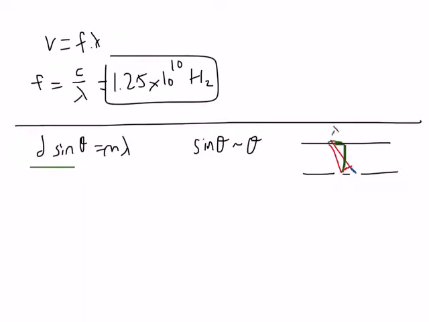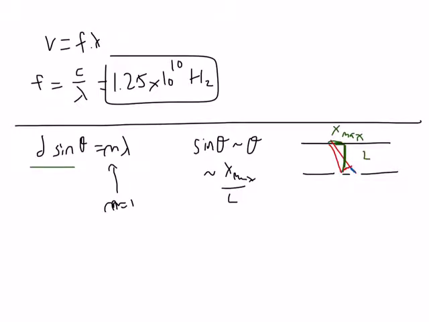This is the location of that maximum point, and then this is L. So sine theta is approximately going to be x max over L. And so now we can put all this together to solve for where the next maximum happens, which is at m equals 1.